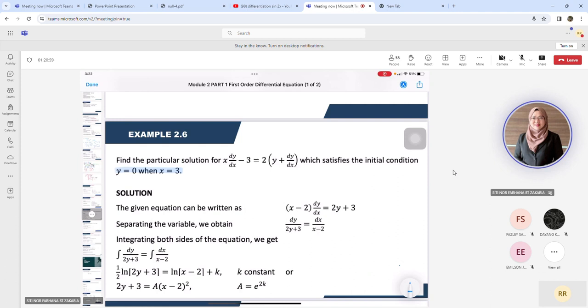So this is a separable equation. As usual, you integrate both sides and then this is your final general solution.